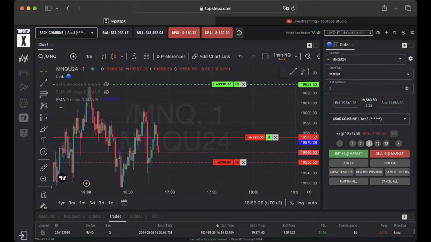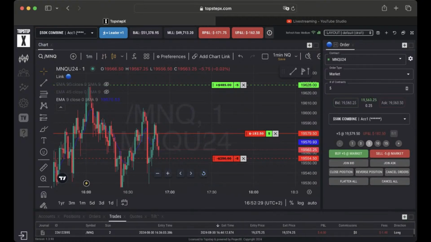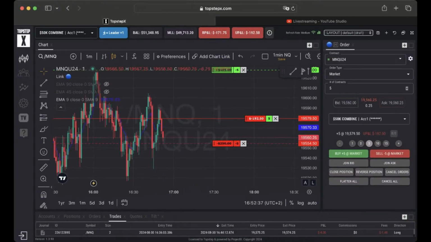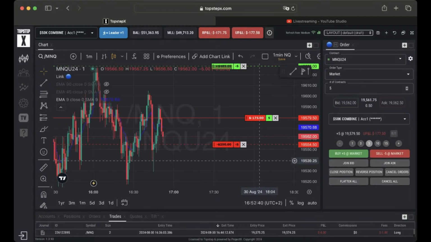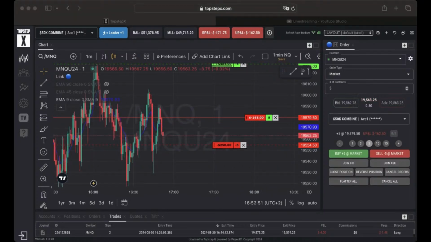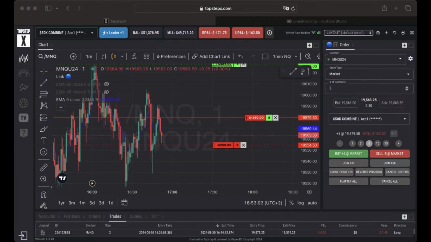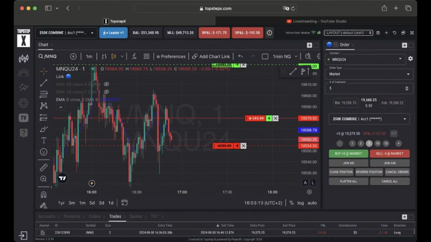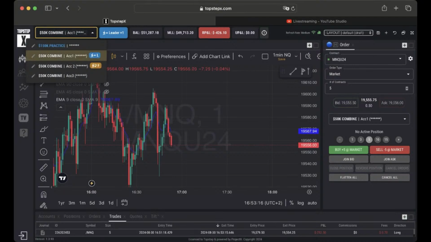Everything got bought up, and now I move back down, which is also big, so no. If this doesn't play out, I am done. Yeah, I'm done for the day, definitely.